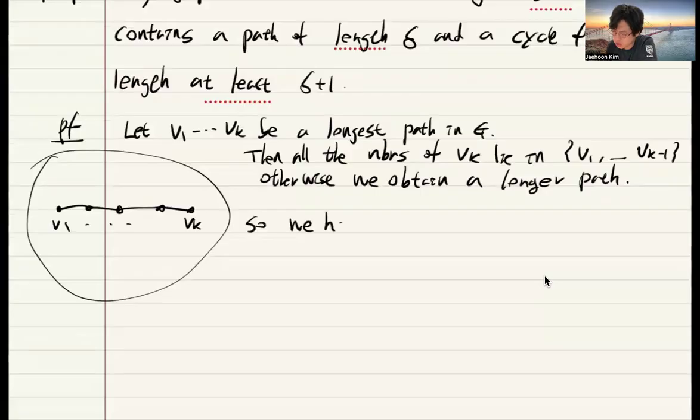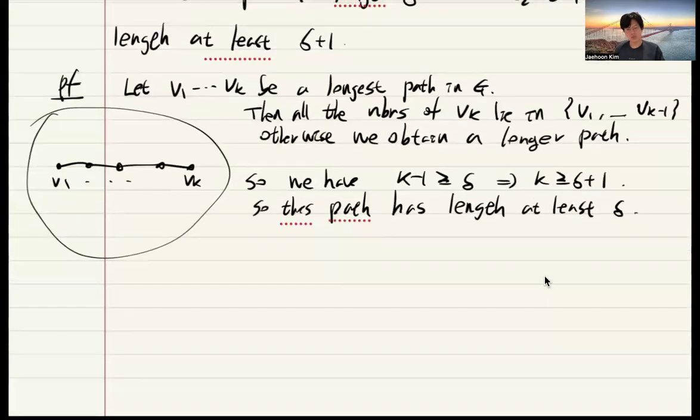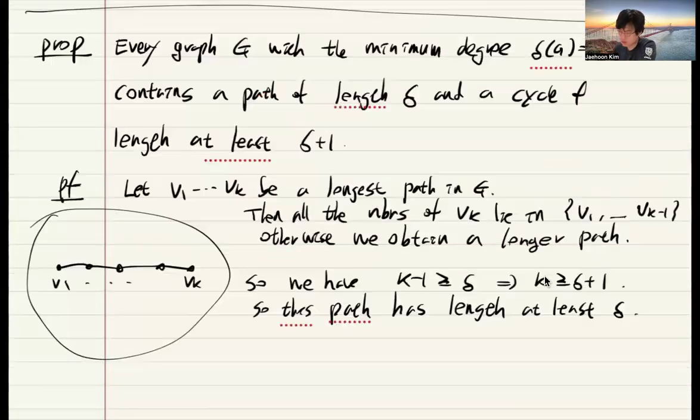So we have that k minus 1 is at least delta, and k is at least delta plus 1. Hence, this path has length at least delta. And this gives the path.